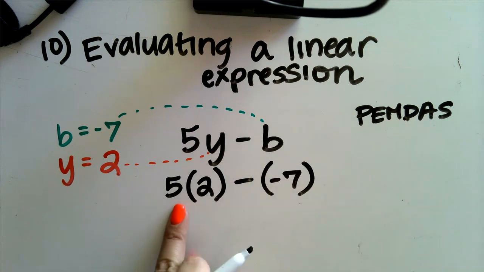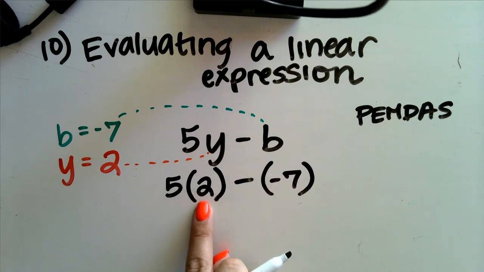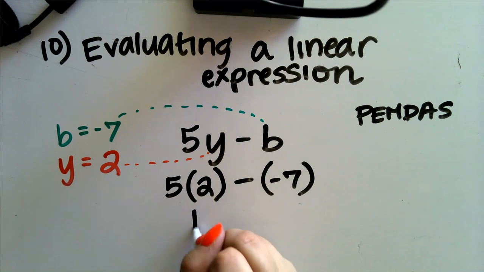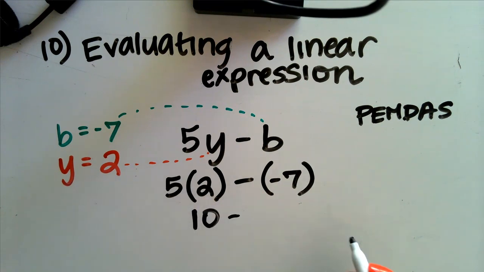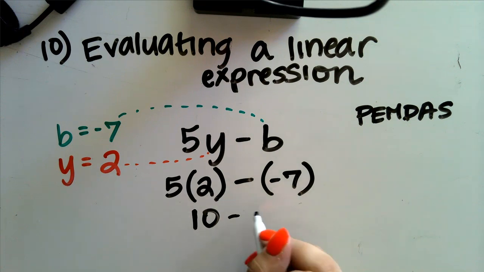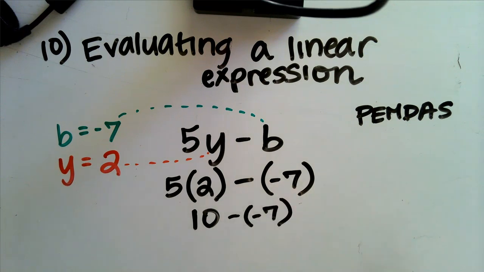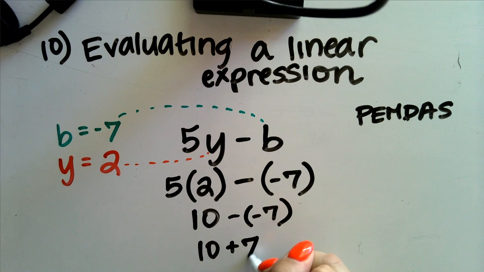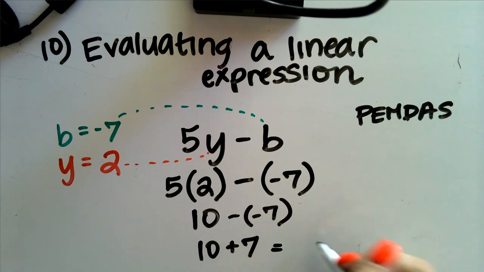Okay, I see that we are multiplying 5 and the value of y, which is 2, 5 times 2 is 10. Done with multiplication and division, but I do still have some addition and subtraction. Brought down everything that I haven't dealt with. 10 minus negative 7 ends up being 10 plus 7, which is equal to 17.